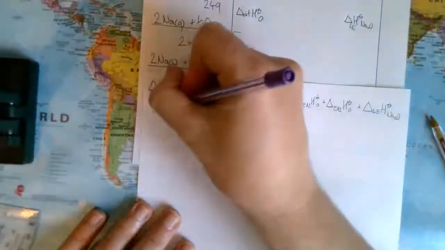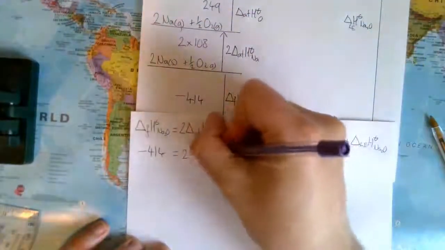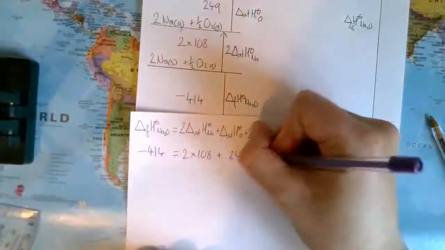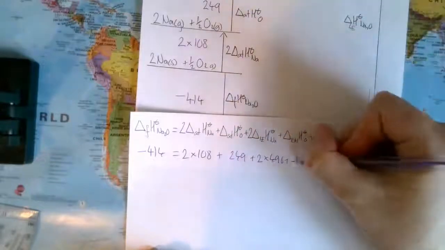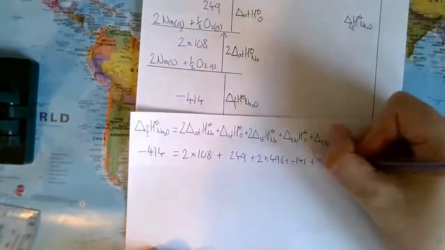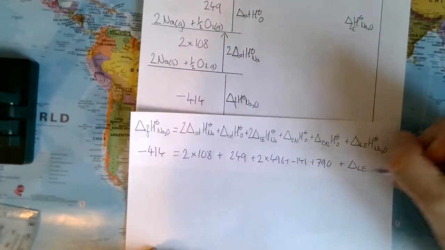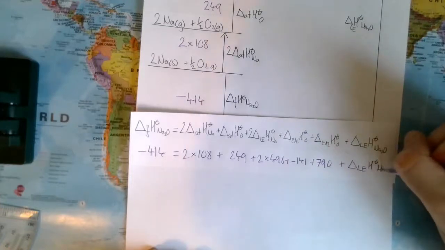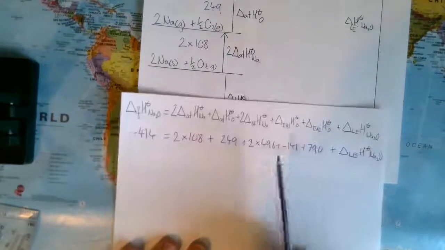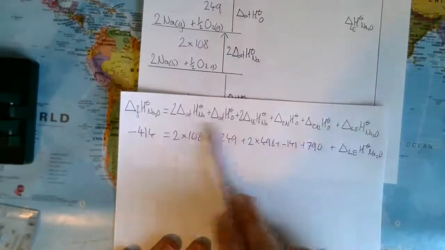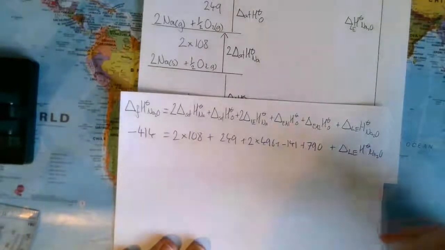So if we put all of these in, negative 414 equals 2 times 108 plus 249 plus 2 times 496 plus the exothermic negative 141, plus the 790, and then it leaves us with this unknown value. Now you could rearrange the equation at this point, but I always find it's just easier to get the numbers down to 1 here. There's less confusion, there's less chance to mess up in an exam situation.